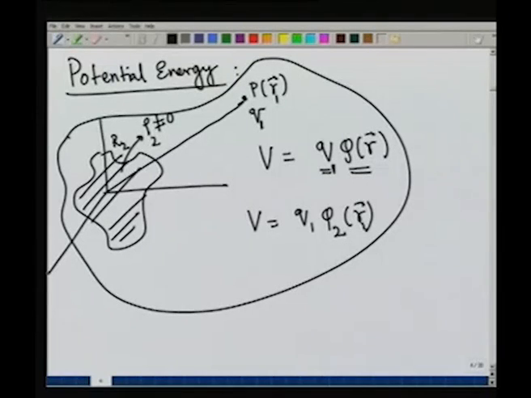So, perhaps I can even make this point R1. I will make the point R1. Charge Q1 is always located at R1.